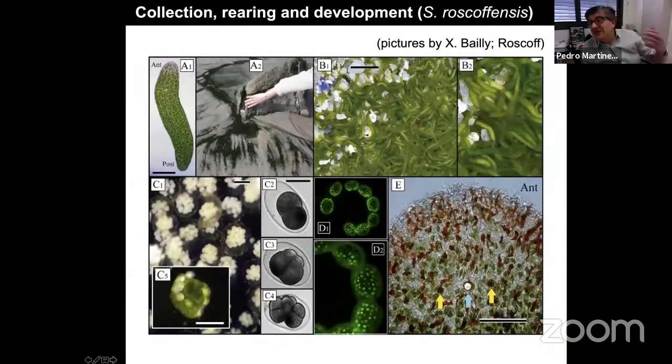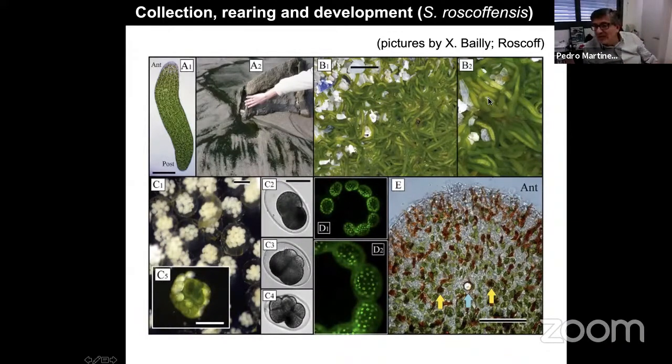Here is a simplified look at the development and morphology of those animals. Here you see an adult animal in A1, a few millimeters long. In the pools, a close-up, you will see all of these little worms. The lighter patches in the middle of the animals are eggs, so these are gravid animals. They are all hermaphroditic.